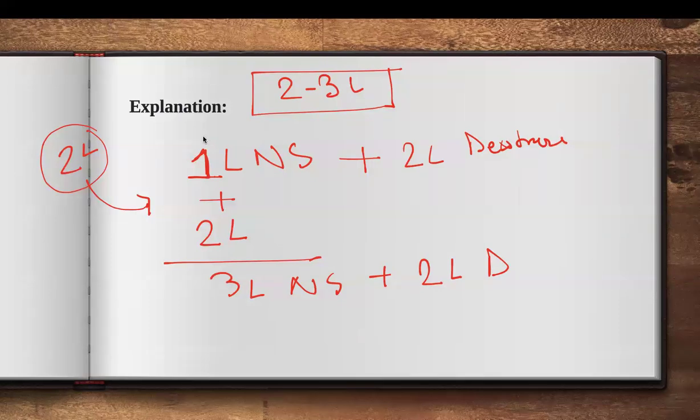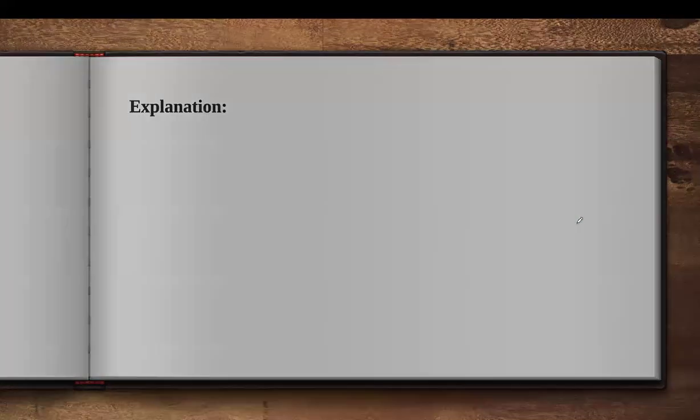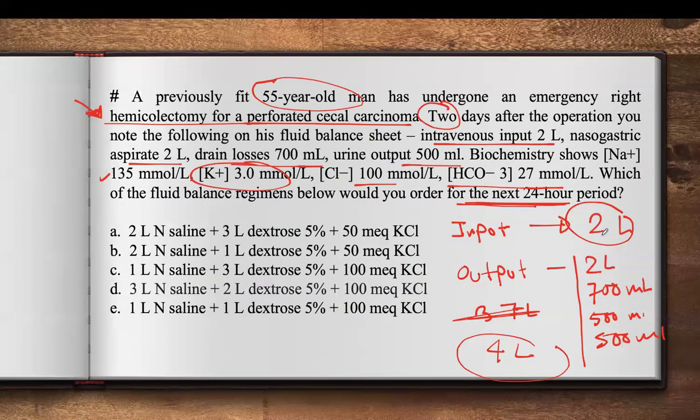Let's see if you guys have understood this. Okay, what didn't you get? For those of you who are asking to repeat, tell me, did you understand what the deficit is? Did you understand this patient is having 2 liter input, 4 liter output, which means he has a deficit of 2 liter? Did you guys understand up to this?